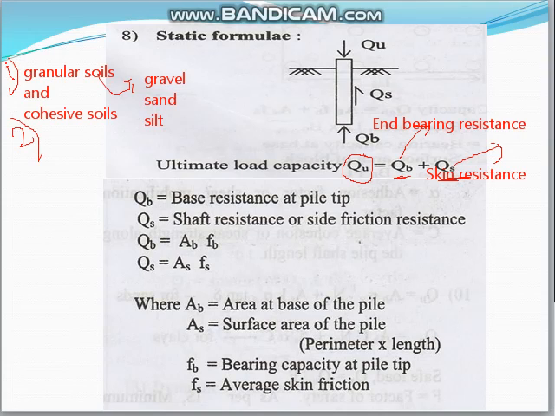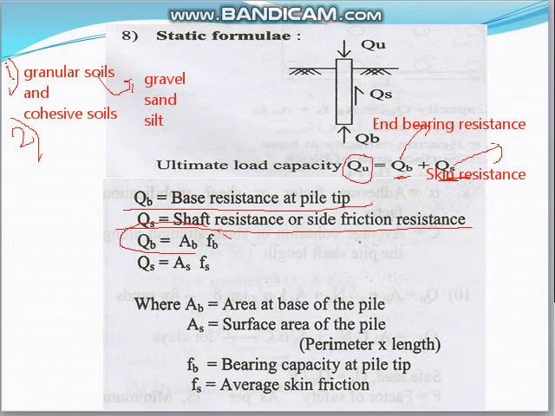Here end bearing resistance is denoted by Q suffix B, and Q suffix S is skin resistance. So QB is the base resistance at pile tip and QS is the shaft resistance or side friction resistance. This end bearing resistance is given as the product of the cross section area at the base of the pile and the bearing capacity at pile tip.